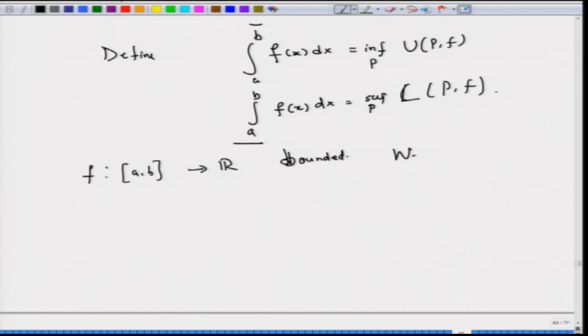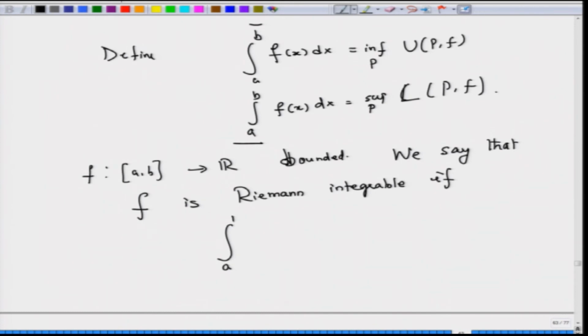We say that f is Riemann integrable if the upper Riemann integral is equal to the lower Riemann integral.